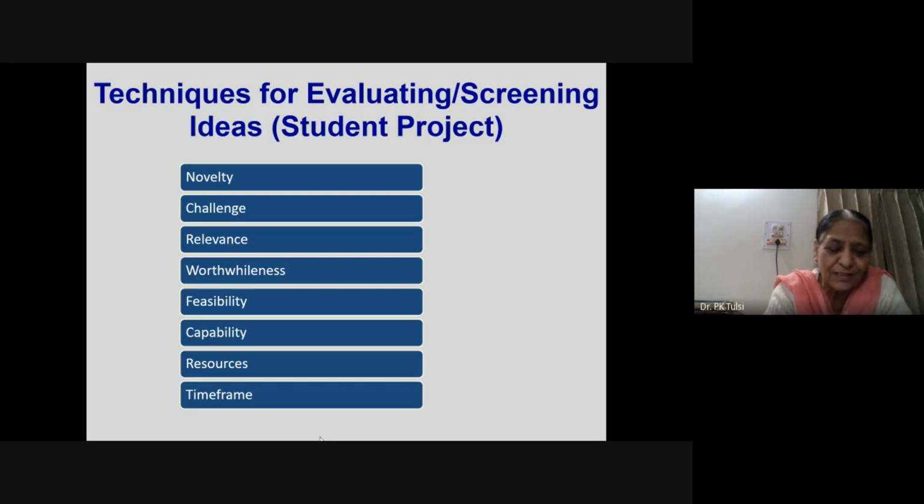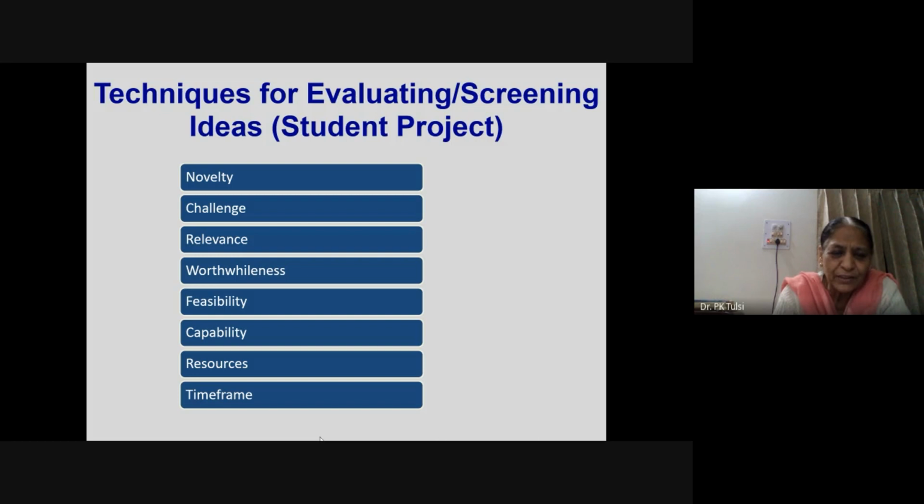So whether student has the capability, then the resources within the institution accessible to the learner, or maybe in the society which are forthcoming, or the industry is going to provide the resources to the learner for that matter. Time frame. So these are some of the criteria which can be taken into account while we try to evaluate the idea of the projects.